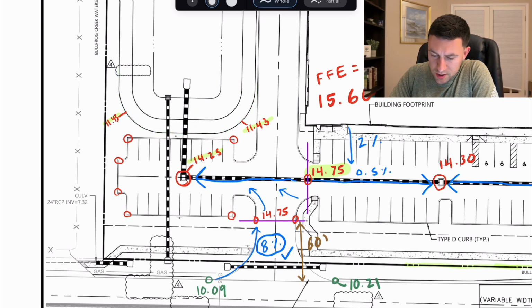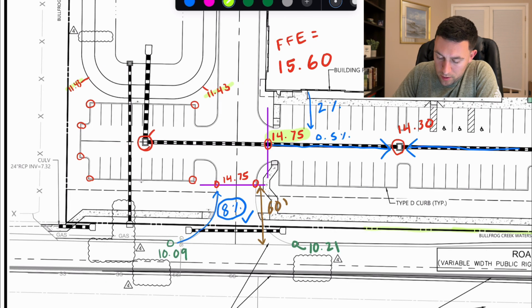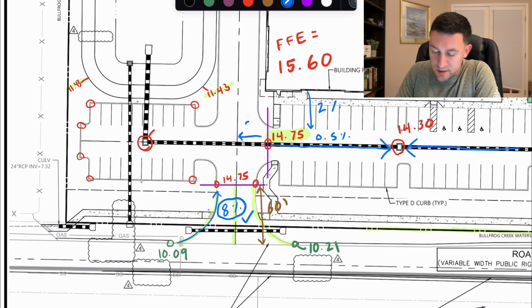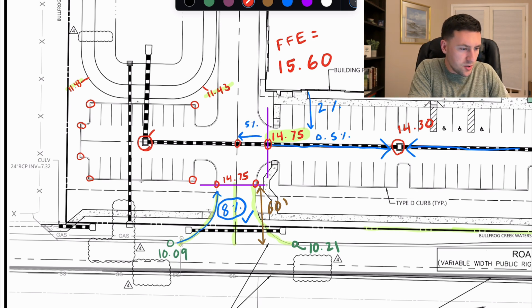So maybe we actually just have some intermediate break points here, because we definitely have to get down. So if I'm a car going into this driveway here, I'm experiencing a driveway slope of 8%, and then I'm going to go up between this point right here and the 14.75. Let's transition just a little bit more. Maybe we transition, let's try 5%.